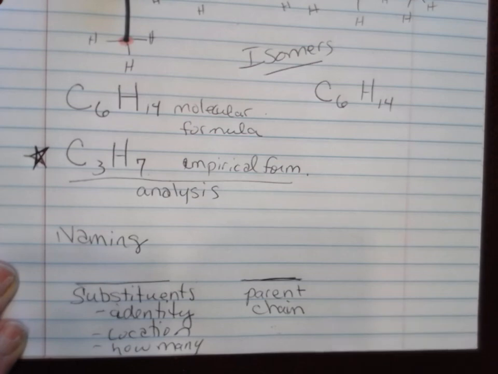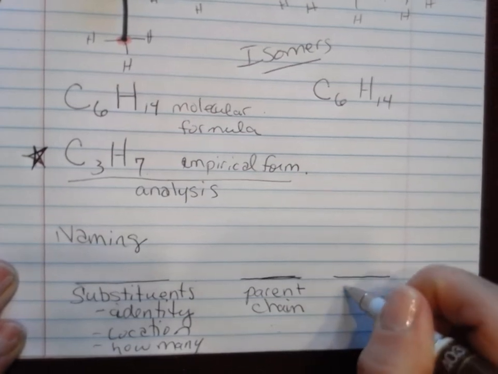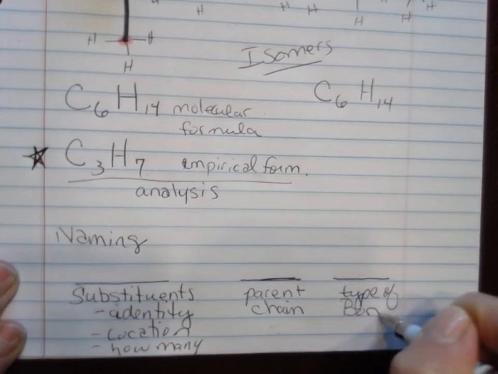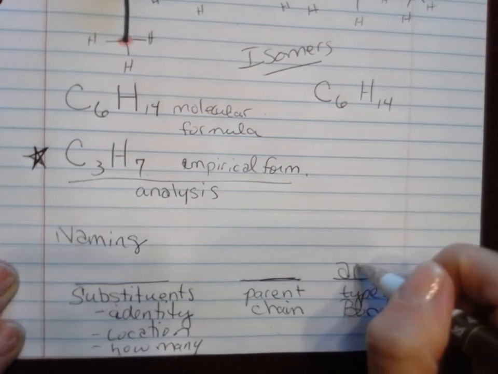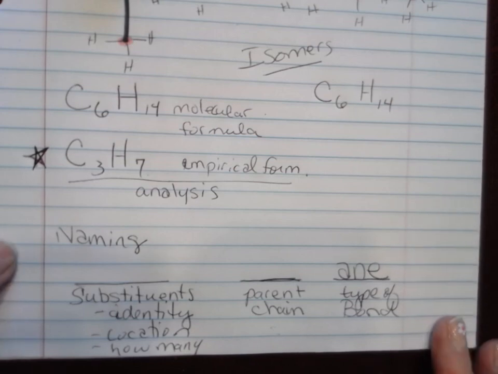Here this is the type of bond. Since all of these are single bonds, we have no double bonds, no triple bonds, the last part is going to be ANE, ane.